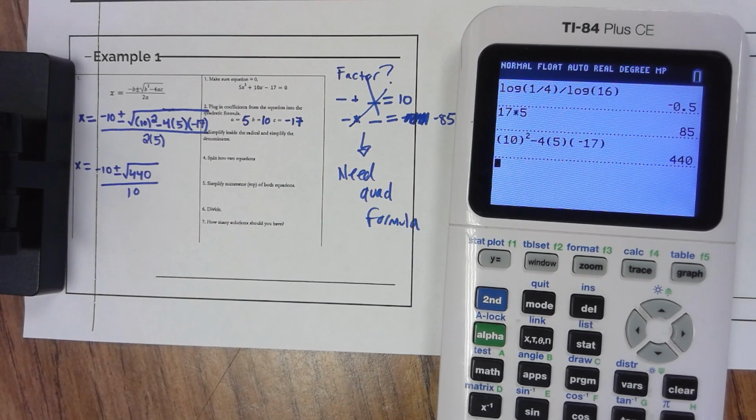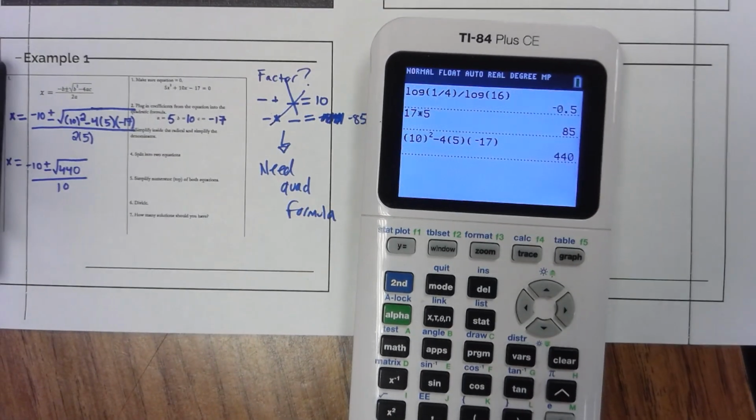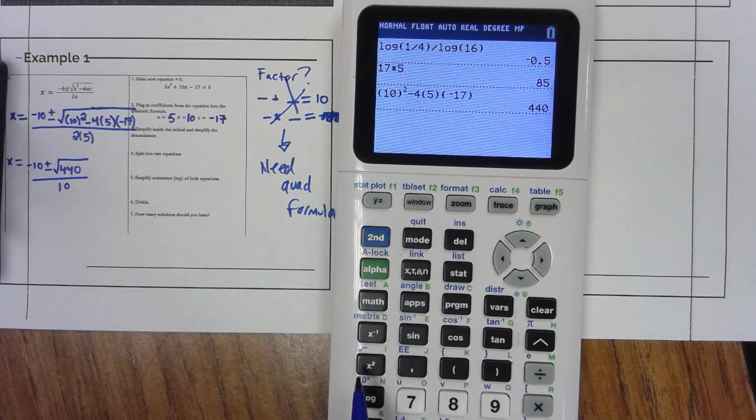All right, we're not quite done yet. The next thing we're going to do is square root 440, and most of the time when we do this, we're going to get a decimal value. Just to keep things consistent, why don't we plan to round to 2 decimal places? We'll always plan to do that when using the quad formula. Your square root button is going to show up as the second option of the x squared button.